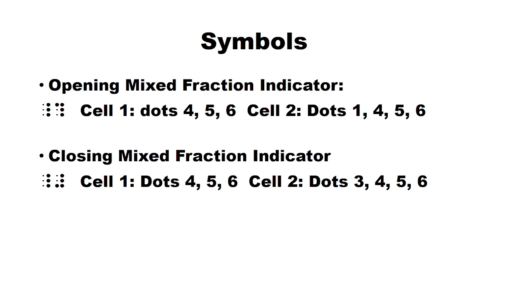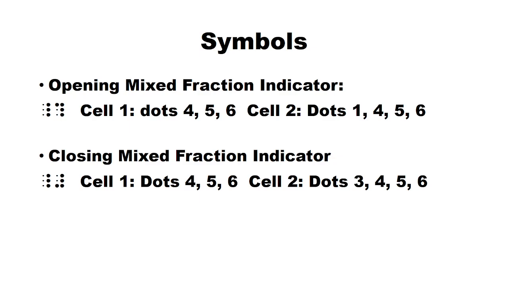So here we have the symbols in the Nemeth Braille Code that we can use in writing mixed fractions. We have the opening mixed fraction indicator, which is a two-cell indicator.